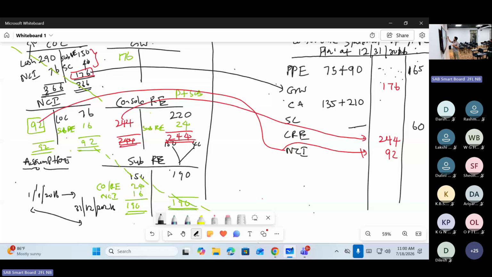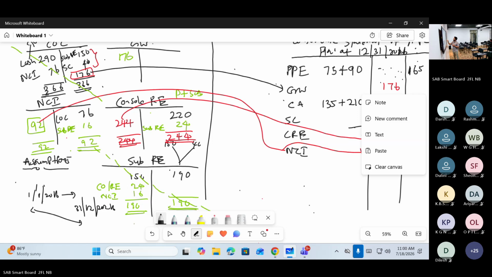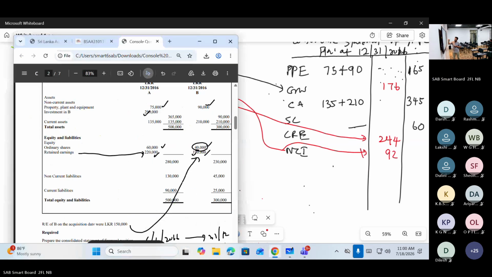Then this one is done. Done, right? Then equity we do, retained earnings we do, this is all done, right?